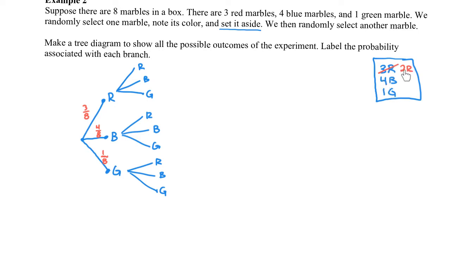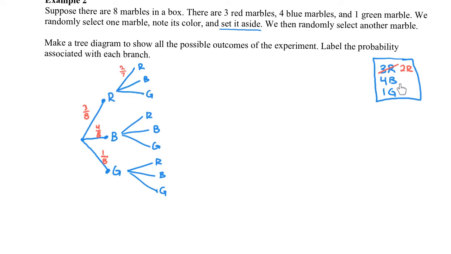So under these conditions, what's the probability I pick a red marble? Well, now it's going to be 2 out of 7, right? So up here on this branch, 2 out of 7. So what about the probability to pick a blue marble? Again, assuming I've already chosen red first.